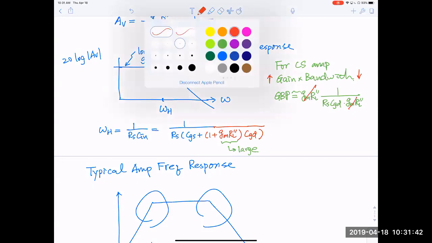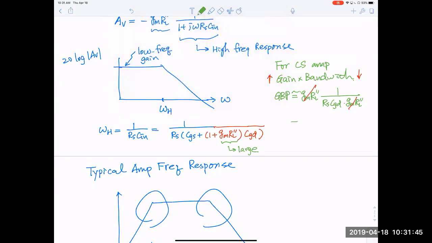The fundamental figure of merit for this amplifier is 1 over RS times CGD. So if you want fundamentally higher gain and higher bandwidth, you have to use a transistor with a lower CGD, or carefully design your RS so it doesn't load it down too much. Otherwise, if you stick with the same transistor, there's always this gain bandwidth product. You can use a higher load resistance to boost your gain, but be prepared that your bandwidth response will go down.